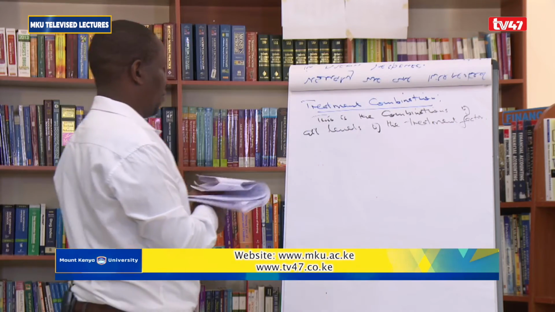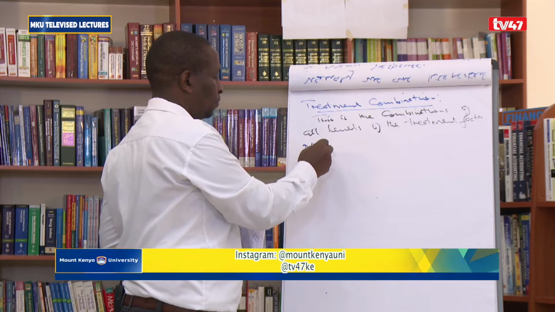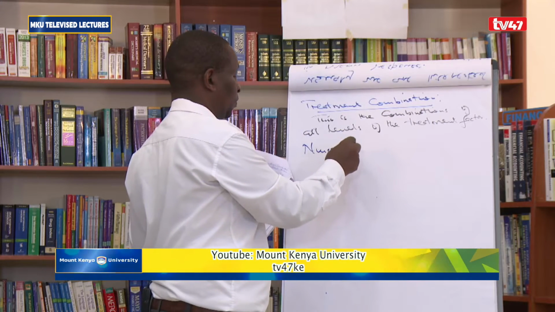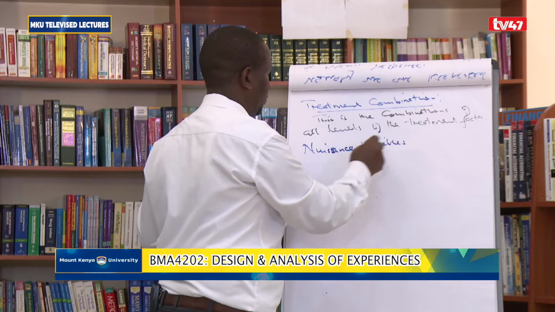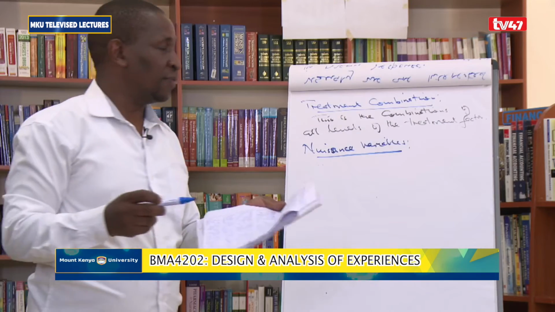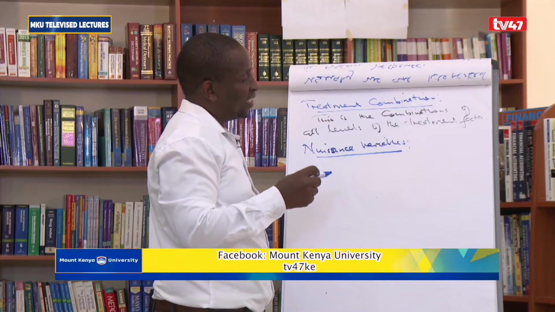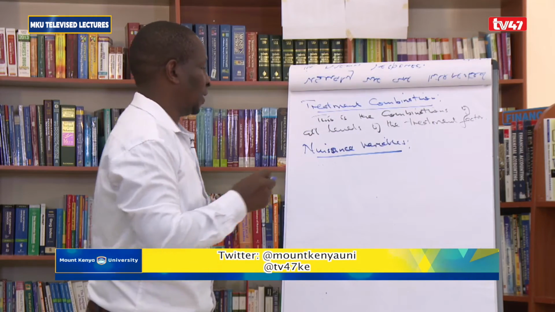Then we have what we refer to as nuisance variables. These are other variables which influence response, but they are not of interest in this particular study that the researcher is conducting.